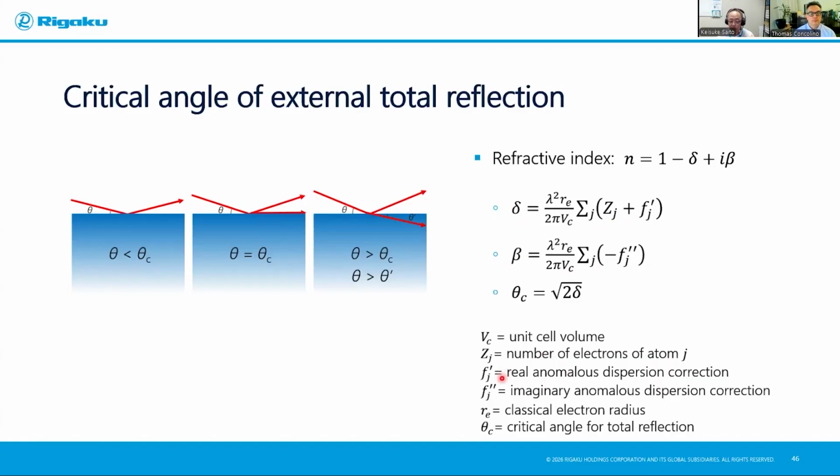And f prime and f double prime are the real and imaginary parts of the anomalous dispersion, which means the absorption factor. So roughly speaking, delta is a function of density and beta is a function of absorption of the material. The critical angle for total reflection, theta c, is calculated by the square root of 2 times delta. That's why I mentioned theta c is a function of the density of the material.